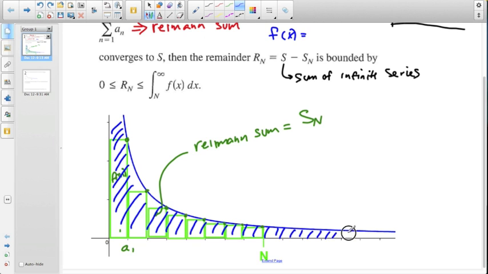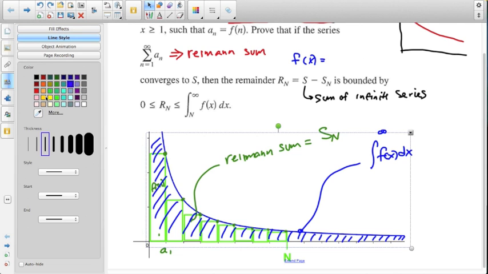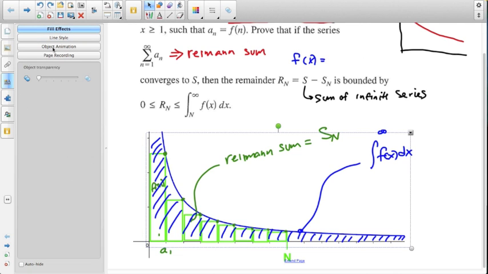If we represent that as the area of f of x from here all the way out to infinity dx, then we know this area, and let me make this a little bit transparent so we can start to see not just that area, but the boxes a little better.